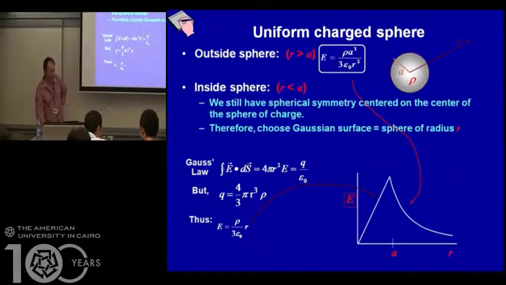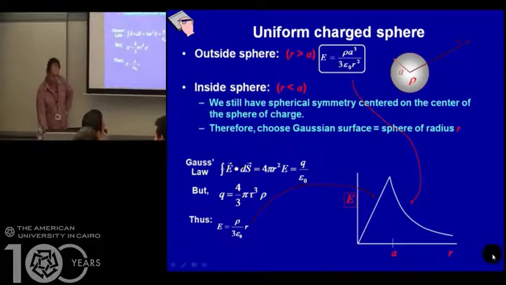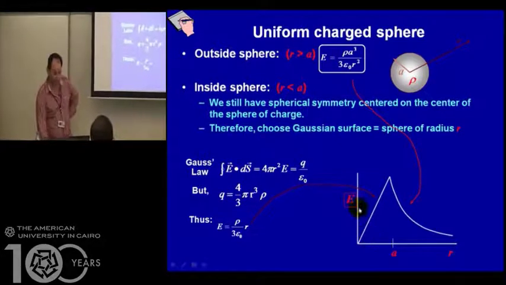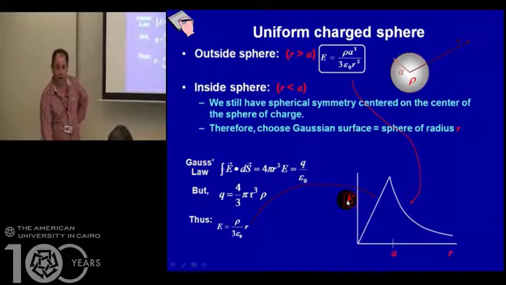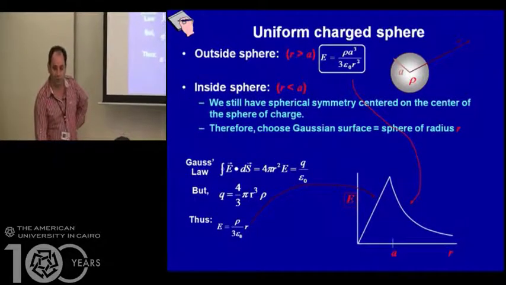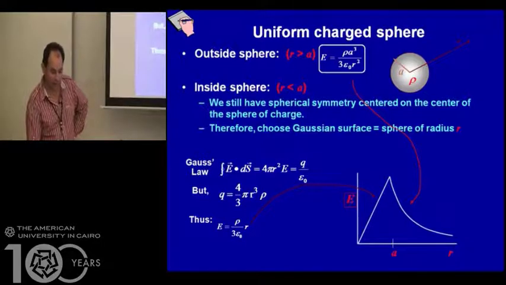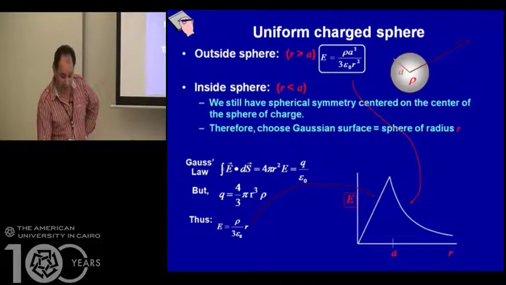Okay, so again going back to the lecture, this graph represents the electric field from a solid sphere that has a charge Q everywhere, inside the sphere and outside the sphere.